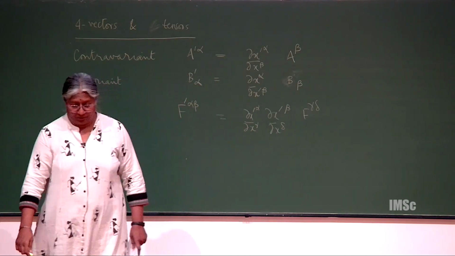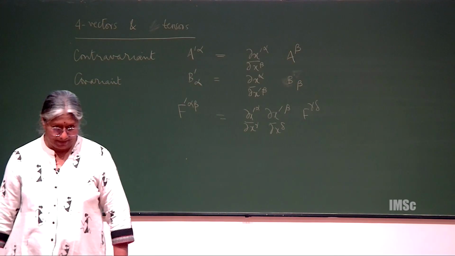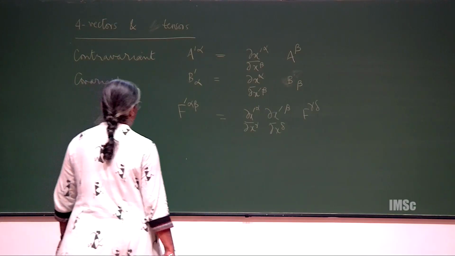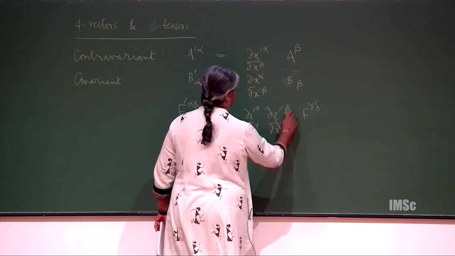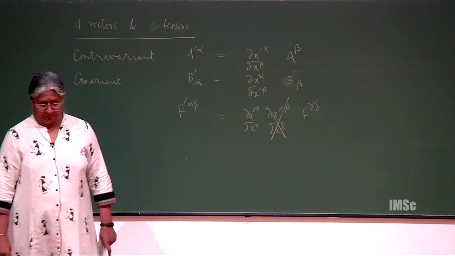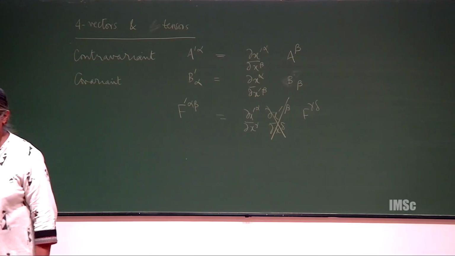I guess you can do the covariant thing as well, right? I'm not going to write it all. What happens if I didn't do this? Only one variable will be there.